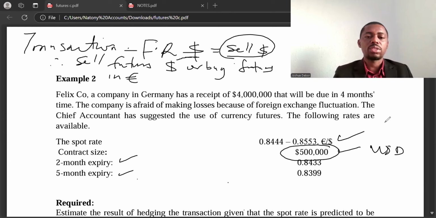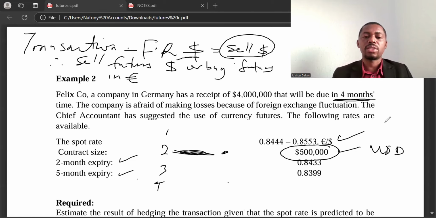You have to look at the transaction date. So when is the transaction taking place? The transaction is taking place in 4 months' time. So we have 1 month, 2, 3, and 4. At the 2 month expiry, the transaction has not taken place. So the company cannot buy this.